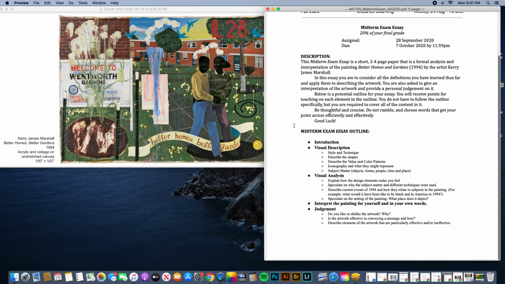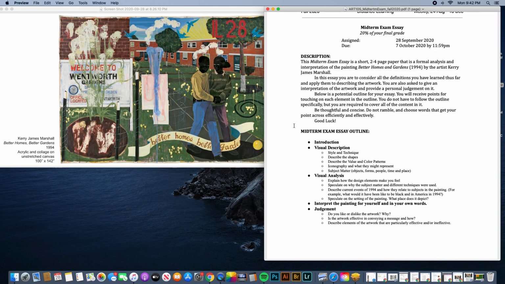Description of the assignment. This midterm exam essay is a short 2 to 4 page paper that is a formal analysis and interpretation of the painting Better Homes, Better Gardens by the artist Kerry James Marshall. In this essay, you are to consider all the definitions you have learned thus far and apply them to describing the artwork.